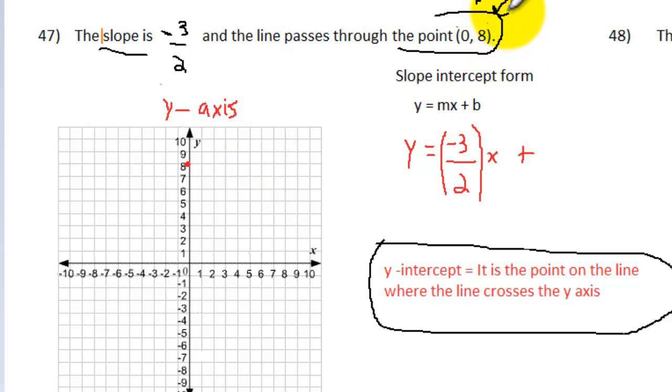And the reason I know that, because let's plot this point. The first coordinate is always x, the second coordinate is always y when we are plotting points.